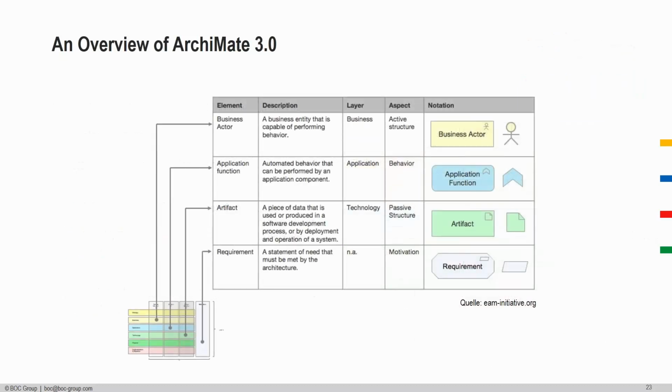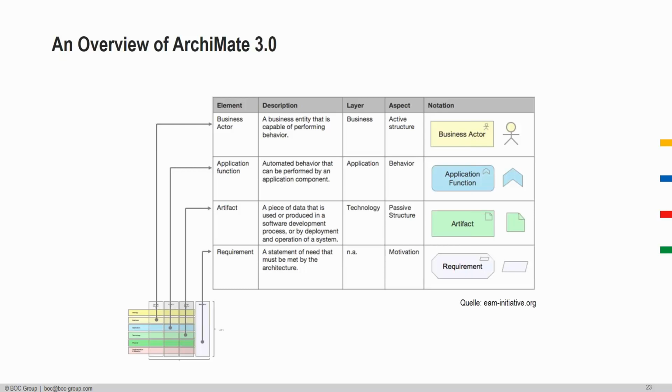Here, we're just looking at a little excerpt from the language notation for elements of ArchiMate, together with their definitions. And we can see an assignment to both the layer of ArchiMate as well as the aspect. As you can see, all of the modeling elements found at each layer are also color-coded in ArchiMate, so that you know what the object represents, and their aspect is then identifiable by the shape of the object.